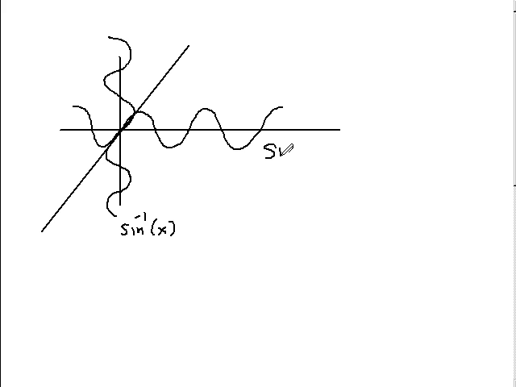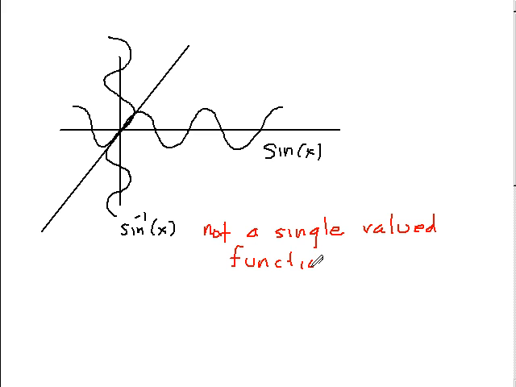So remember we said that a single-valued function could only intersect a vertical line at one point. So the inverse of this function sine is not a single-valued function. That's, of course, a problem, but one that was fairly easily resolved in the history of functions. Because what is one way to make the inverse sine of x single-valued?